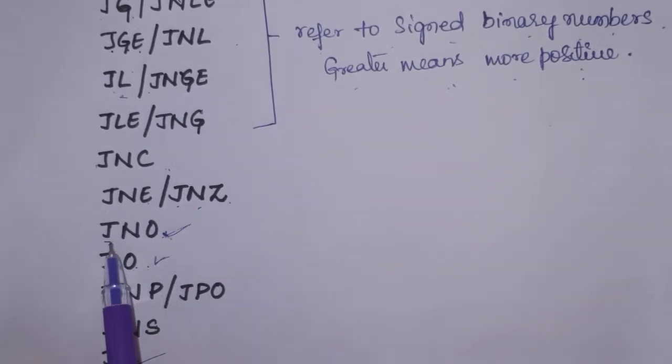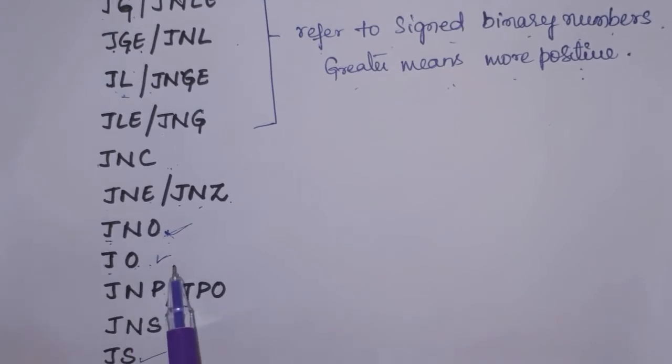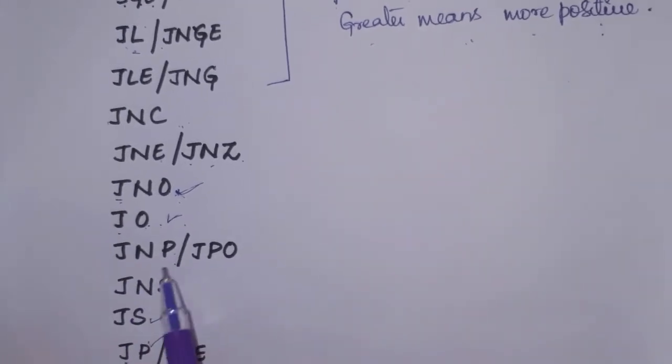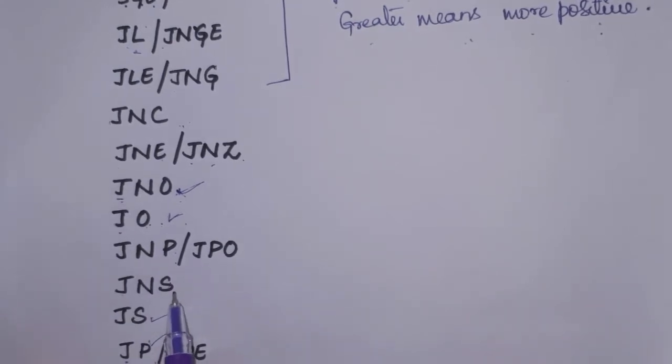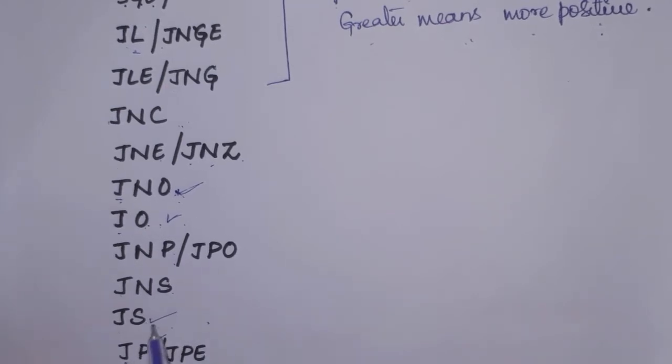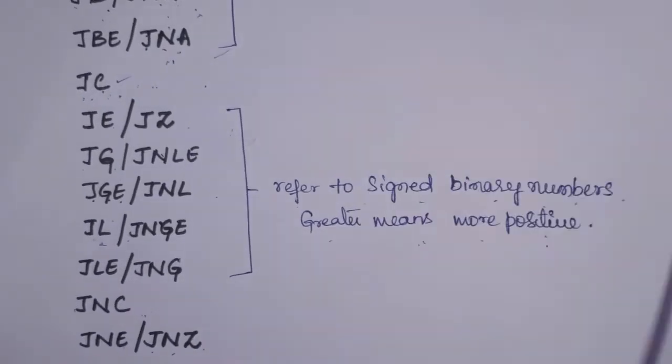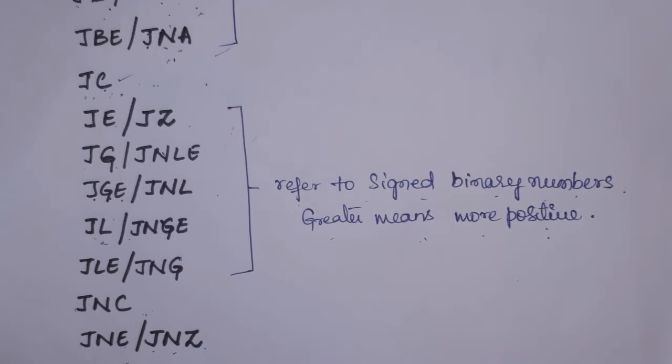Then jump if no overflow or jump if overflow. Then jump if no parity or jump if parity. Then jump if no sign or jump on sign, that means if the sign bit is equal to 1, then the execution is transferred. So these are the conditional jump instructions. Let's see one example program.